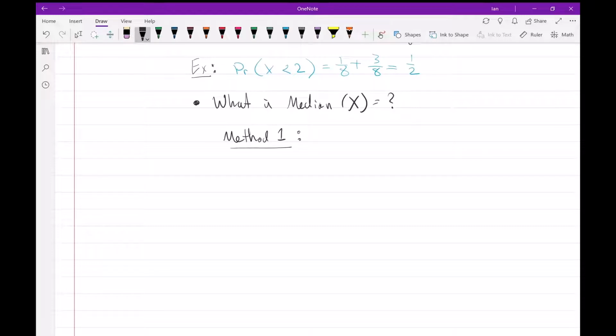We simply take the median of a perfectly representative sample. What do I mean by that?